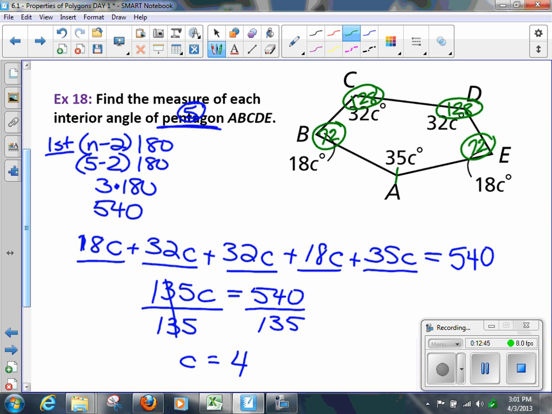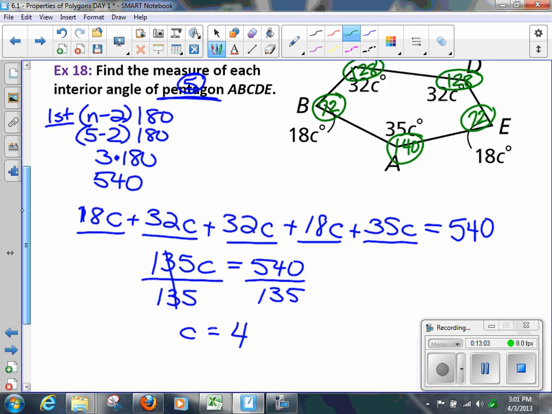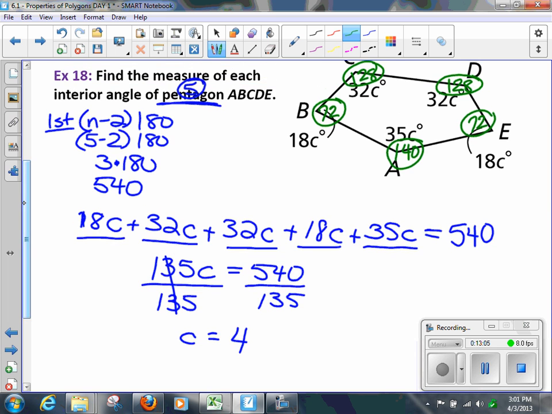And then could I check it? Add them all together, they better equal what number? 540. What are you thinking about this? It is pretty easy. N minus 2 times 180 helps us to find what? The sum of the interior angles.